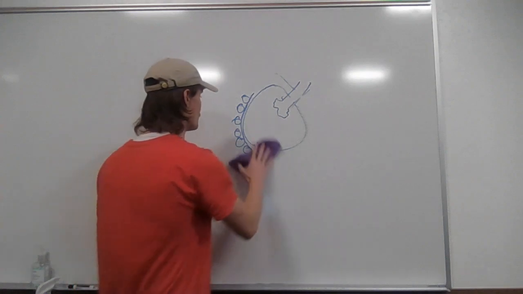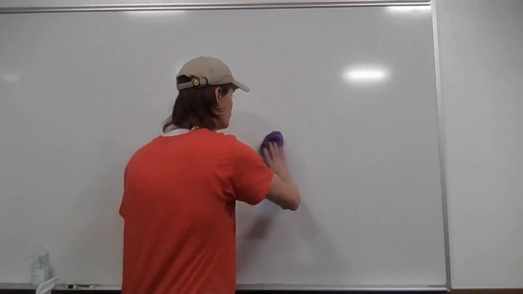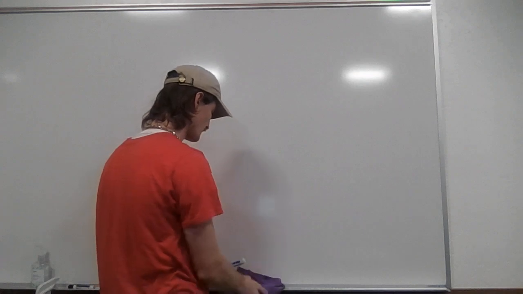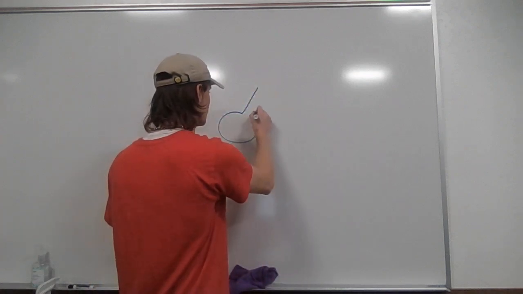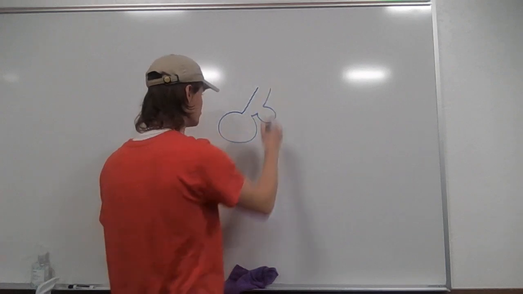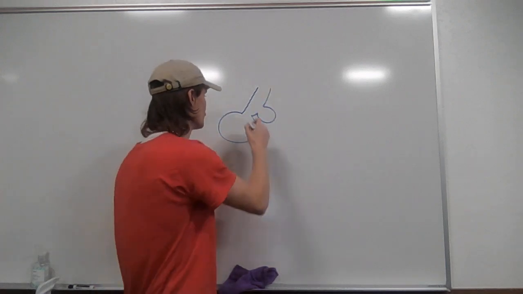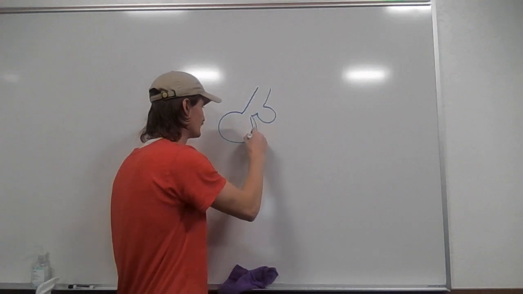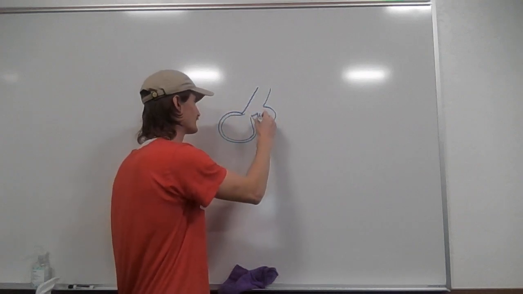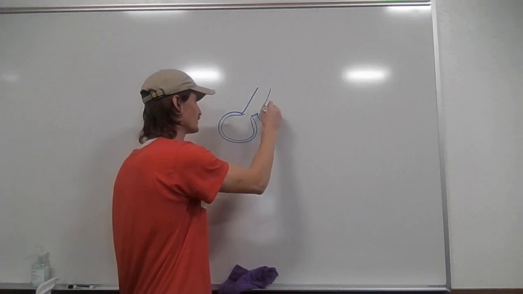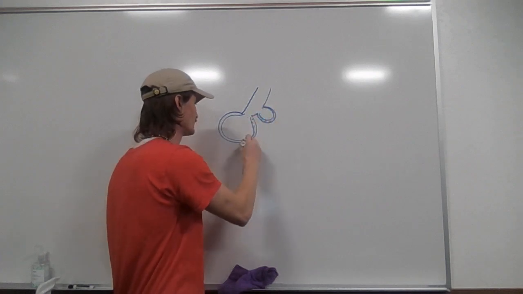So we have our alveoli, and they're going to be sort of like this, if I can draw it. And so our alveoli are going to have this thin layer coating around them of this surfactant. It's going to be all around here.